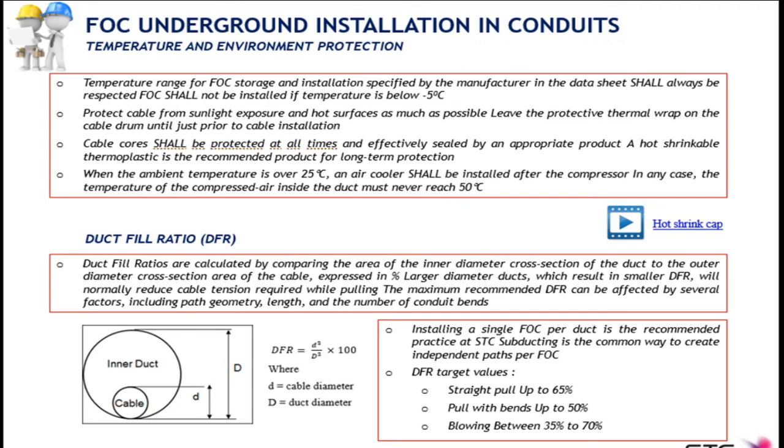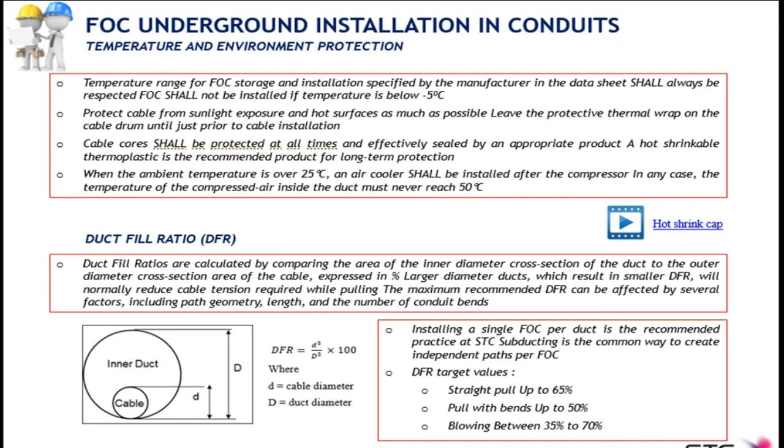Another important parameter is the duct fill ratio. The duct filling ratio is calculated by comparing the cable area that the cable is occupying inside the duct. So it is the ratio between cable area and inner duct area.